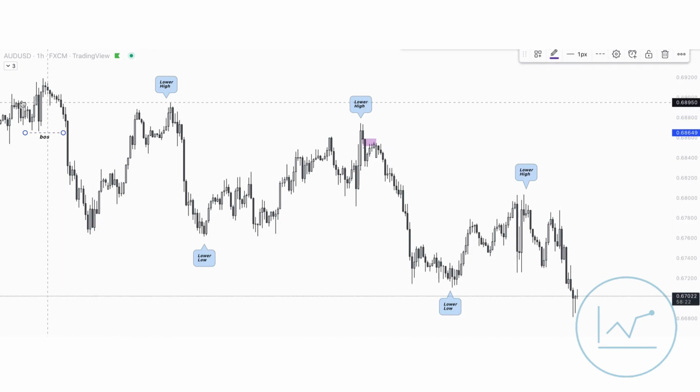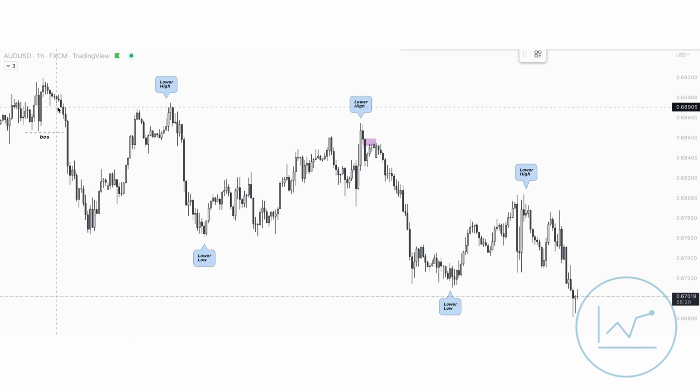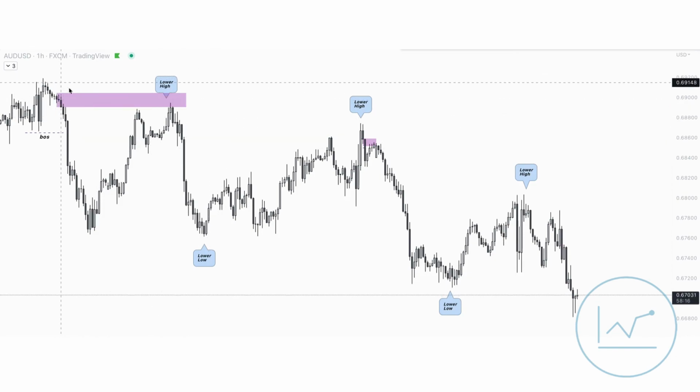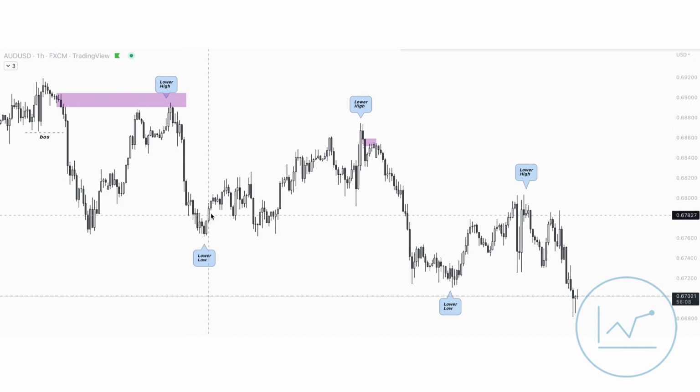There's a supply created here in this zone. It is clearer in the lower time frame, and the price respected it and dove to the downside.